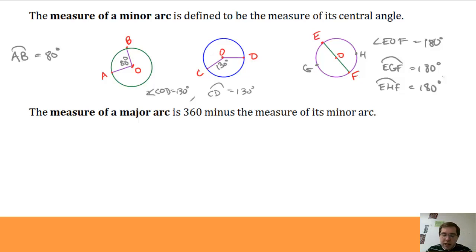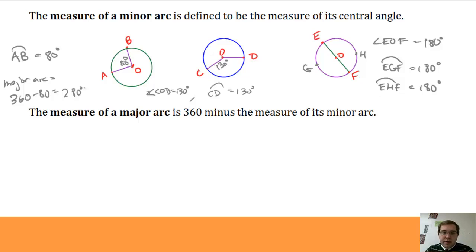The measure of a major arc is 360 minus the measure of its minor arc. So in the green circle, the top one, the major arc will equal 360 minus 80, which is 280 degrees.